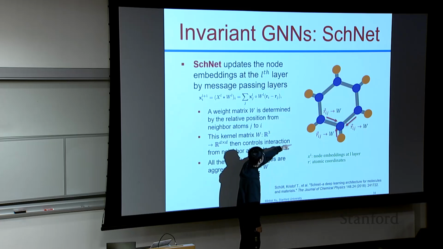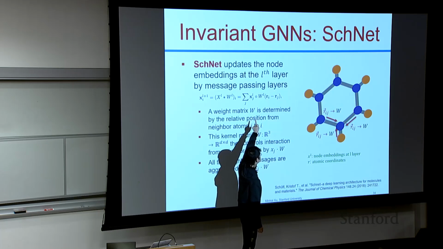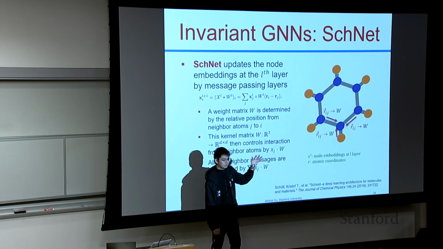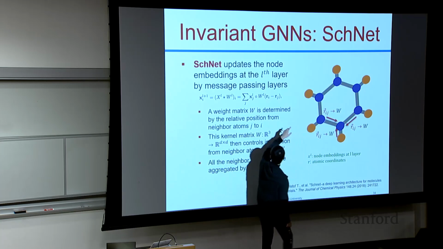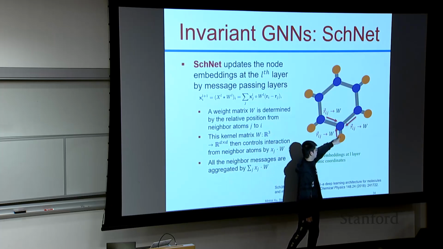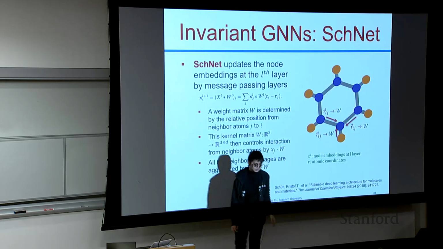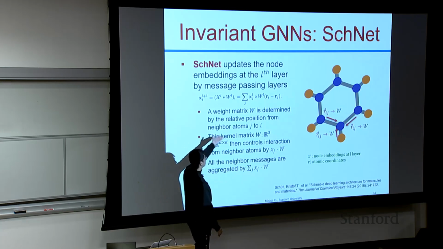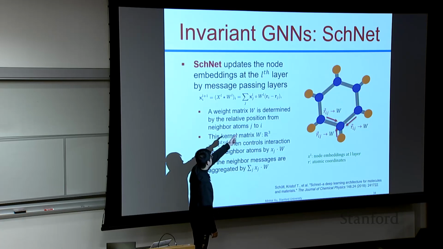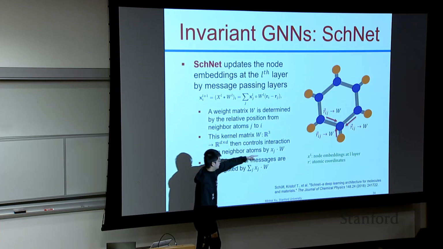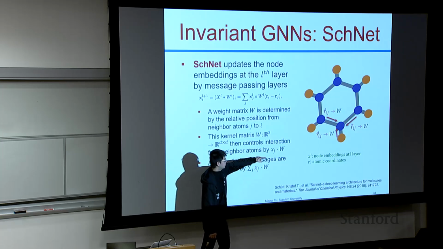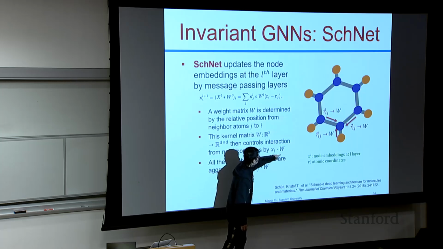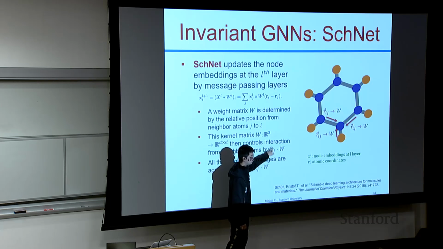This direction is input to the neural network W_L, and W will output some kind of controller on this edge, which controls how the information will propagate from one node to another. Formally, W_L is a neural network whose input is the direction from the neighborhood to the current node, and whose output is a filter acting on the neighborhood's embedding.